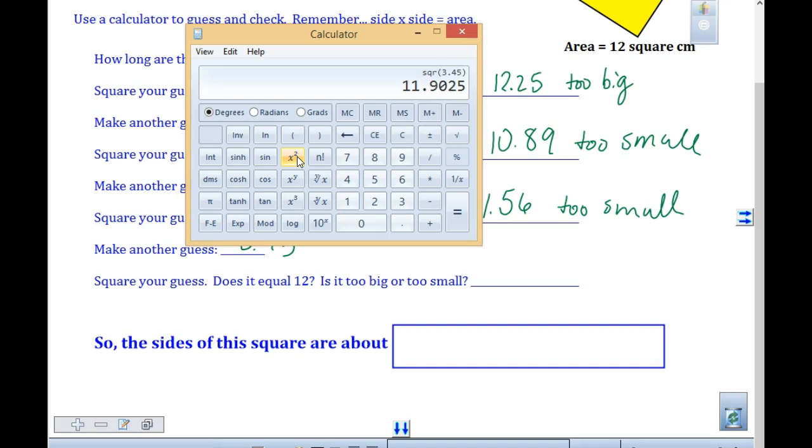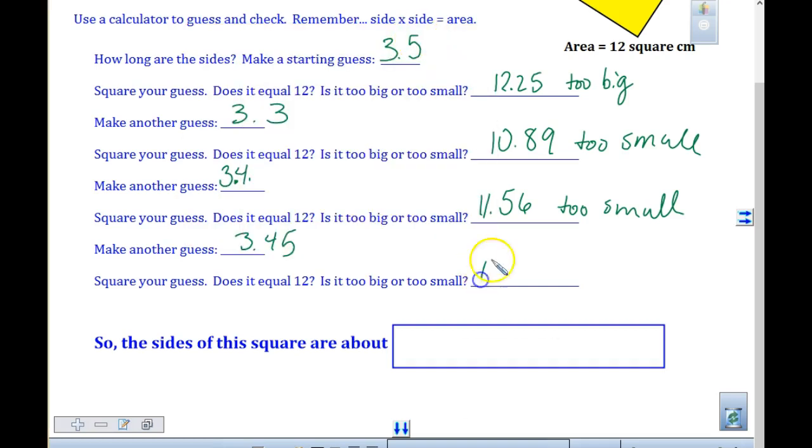Could we get more specific? What would you go? We said 3.45 was 11.9, still a little too small, but really close, right? So 3.45 was really close if we were looking at that.